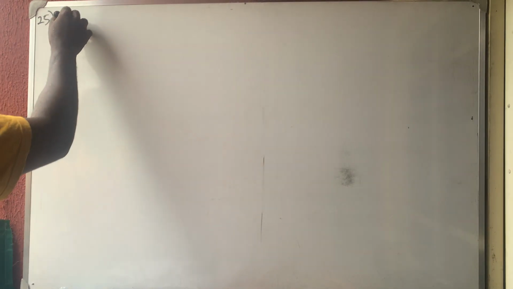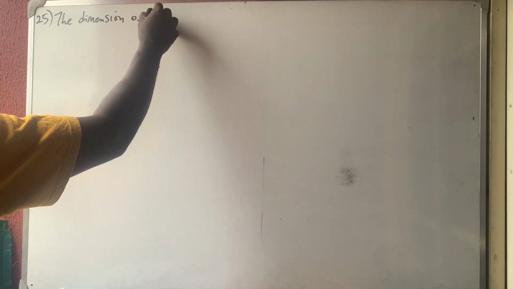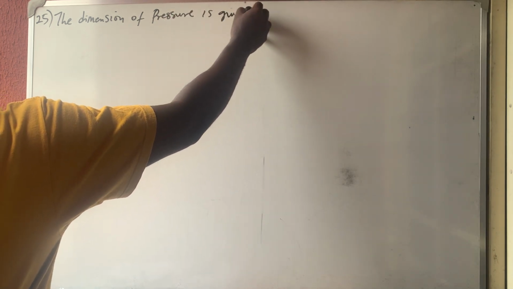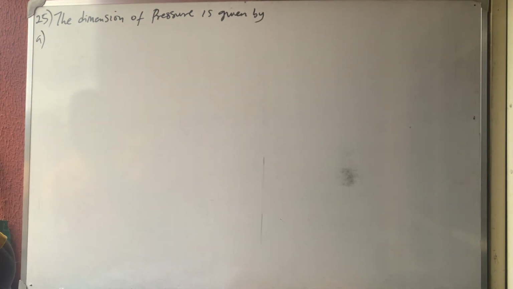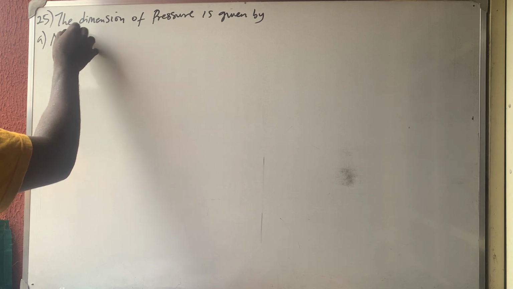Very important. 25 said the dimension of pressure is given by option A said ML3T2.